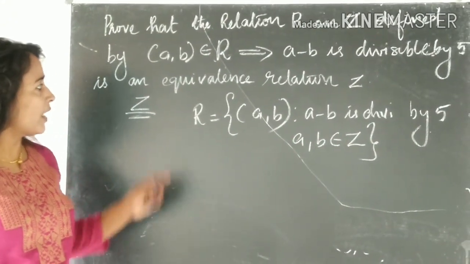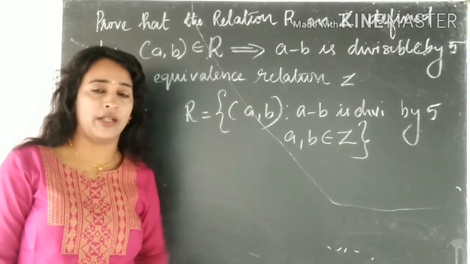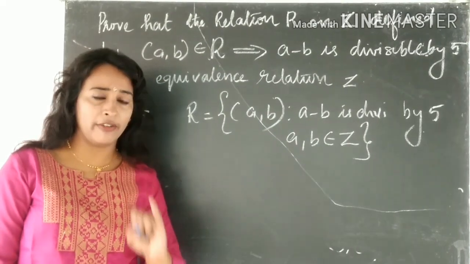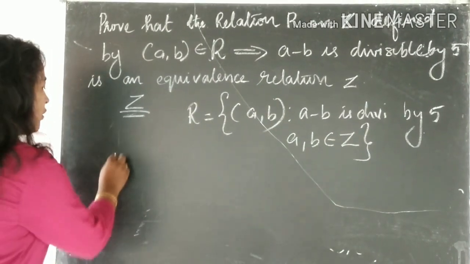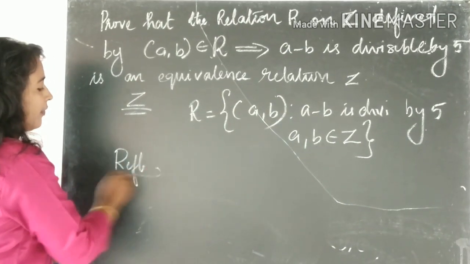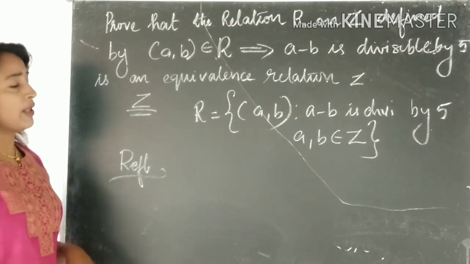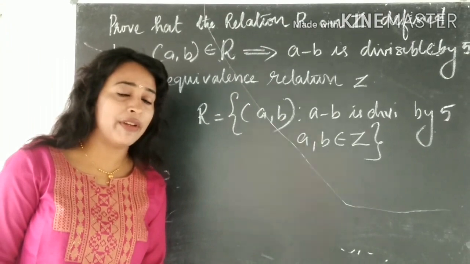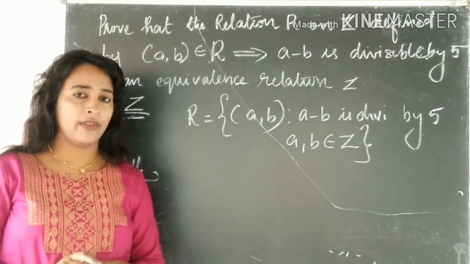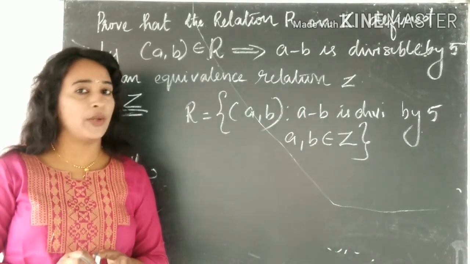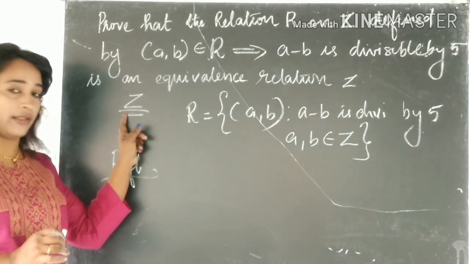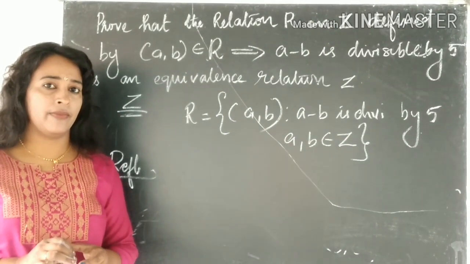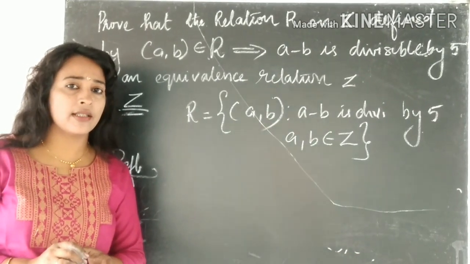Now you have to check whether it is an equivalence relation. For that, you know it should be reflexive, symmetric and transitive. Let us move to the first, reflexive. In reflexive, for each and every element of a set, there should be A related to A. And the set here is Z, all the integers. What are integers?